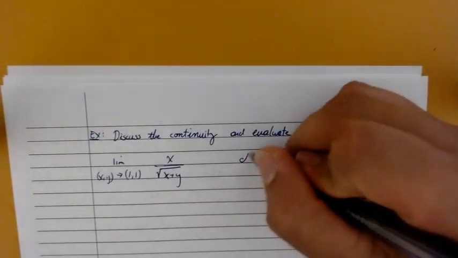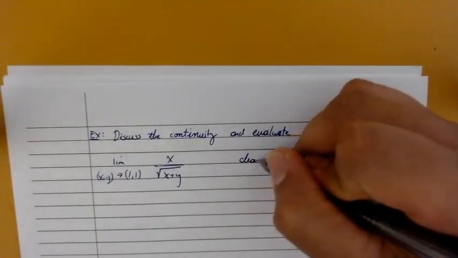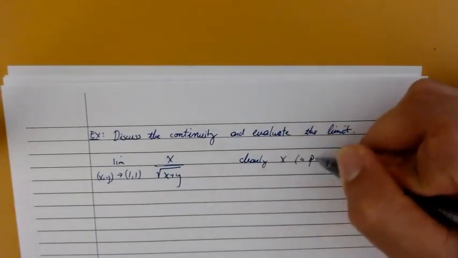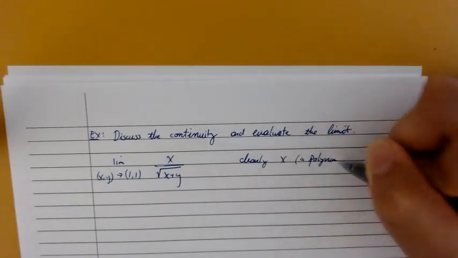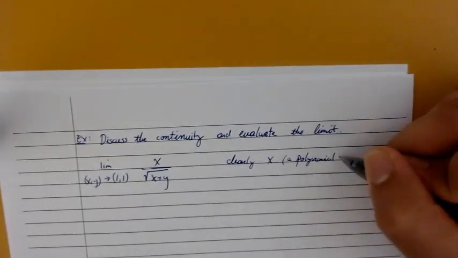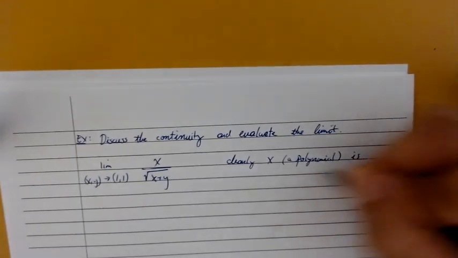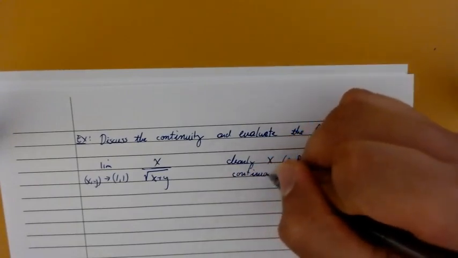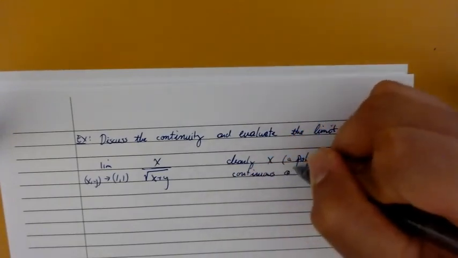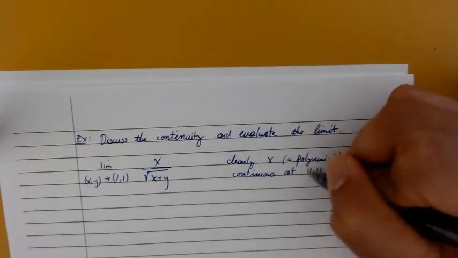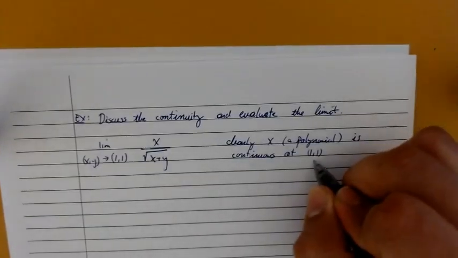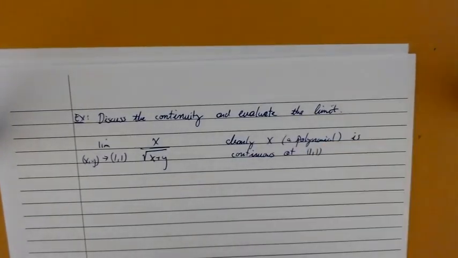So here clearly x, which is a polynomial, is continuous at (1, 1), because all polynomials are continuous everywhere. Here you can even say just at 1, since that doesn't even have a y value.